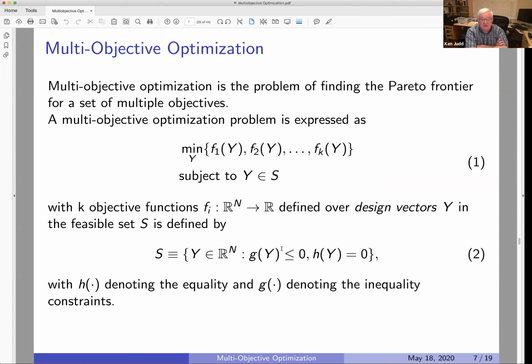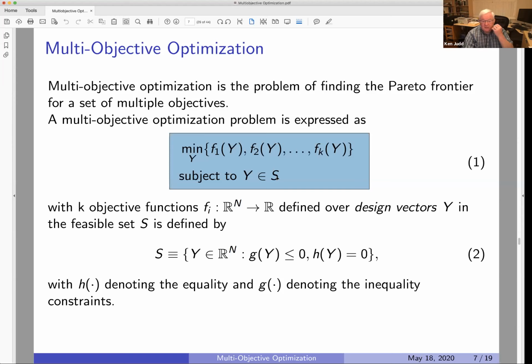By the way, now this is notation. Multi-objective problems, the notation for them is this. You minimize y, and then here is a list of objectives. And then here are your constraints.